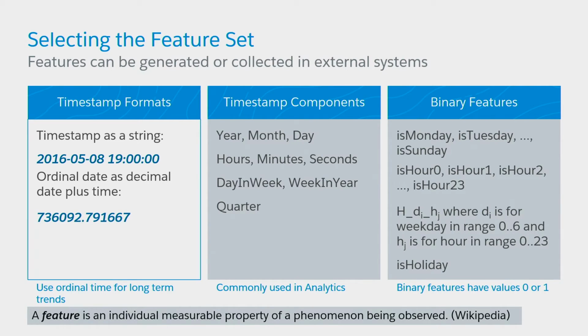A little bit better is to convert the date into a decimal date format, which is an ordinal date counted from some starting date, where the decimal part of the number represents hours, minutes and seconds. The number at the bottom is what we got from the timestamp on the top.